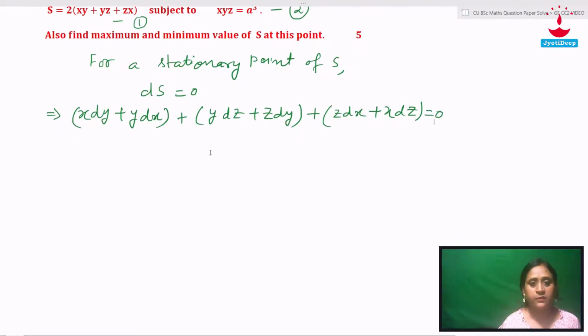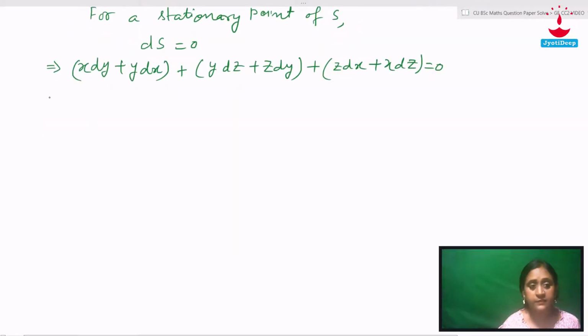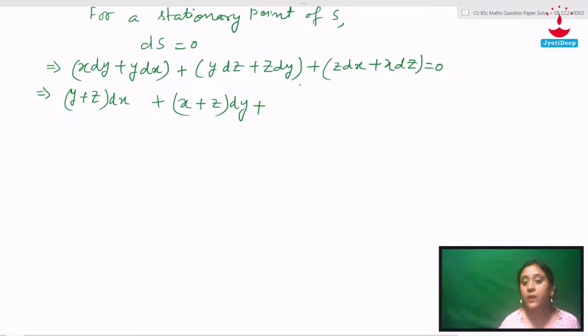Okay. Now we are going to simplify it. So we can write y dx plus z dx. We are arranging it as y plus z dx plus x dy plus z dy means x plus z dy plus y dz plus x dz. That means we can write y plus x into dz equal to 0. We can give it equation number 3.